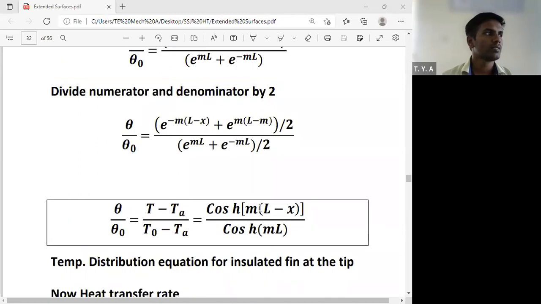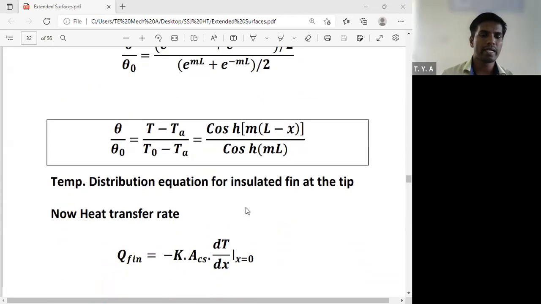At which location are we finding the rate of heat transfer? At the base. What mode of heat transfer is there? Conduction. At the base of the fin connected to the plate, conduction takes place. So Q is equal to minus K into dt by dx at x is equal to 0. Conduction takes place there, from the plate into the fin, at the location x is equal to 0. Therefore the heat transfer rate is Q fin is equal to minus K into A cross-section area into dt by dx at x is equal to 0.